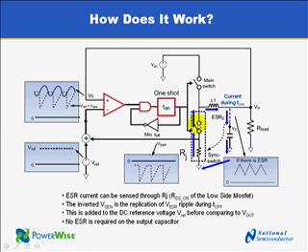This is the MOSFET with the switch and the RDS on. This is the output capacitor with its internal ESR, which would be located here. A big ESR would generate this kind of output voltage ripple. An output voltage ripple here is not preferred.